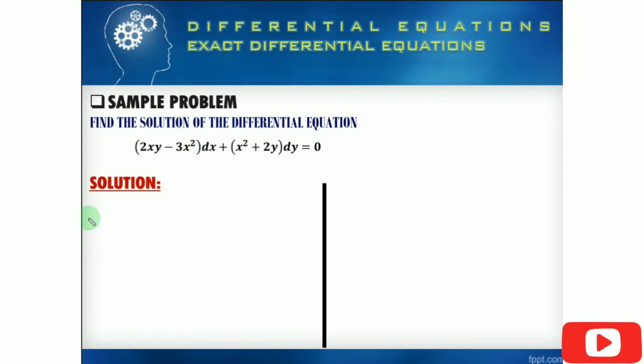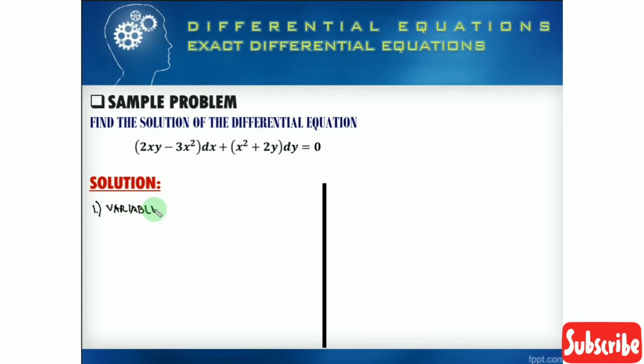So I will just give you a preview of why we need to solve this one using this exact differential equation. First, we consider if this given differential equation is solvable using variable separable, so we try to check if we are going to use this variable separable.